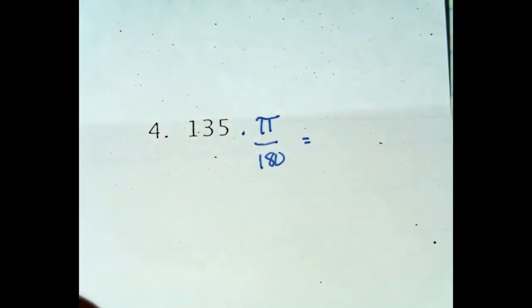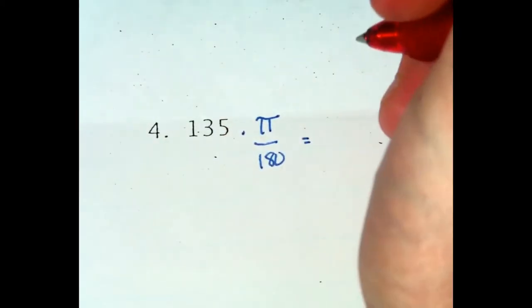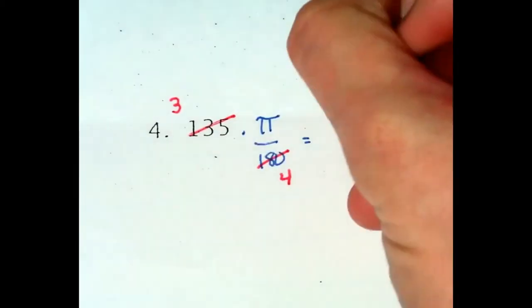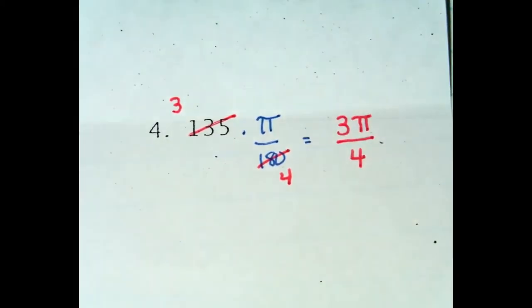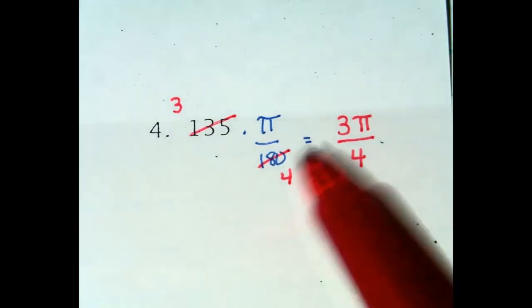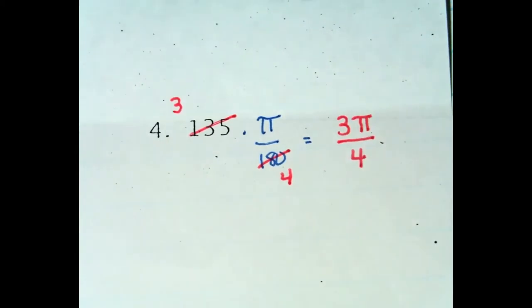Times pi over 180. What does 135 over 180 reduce to? 3/4. You need to write 3 pi over 4. If you wrote 3/4 times pi, it's the same thing. I just rather see it that way. That's what you'll normally see.